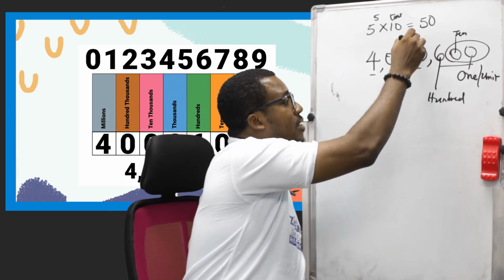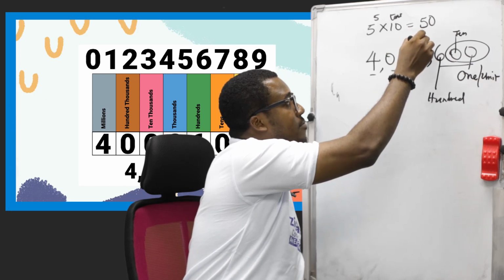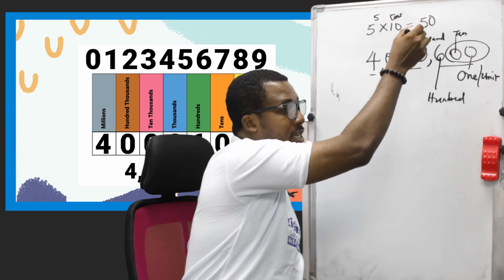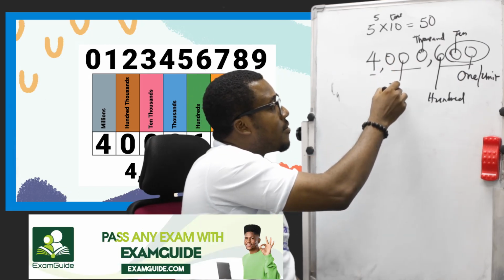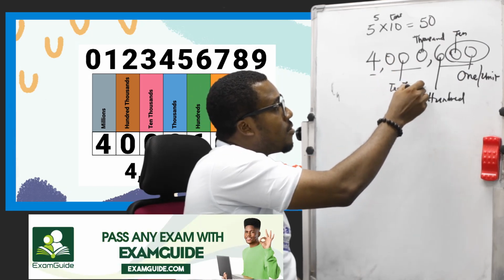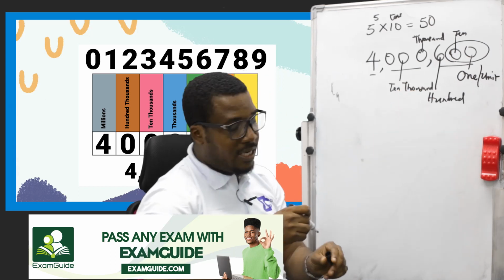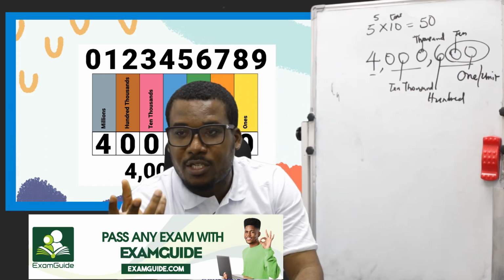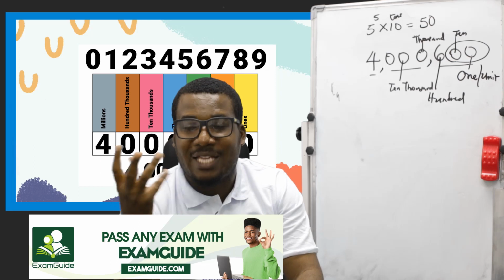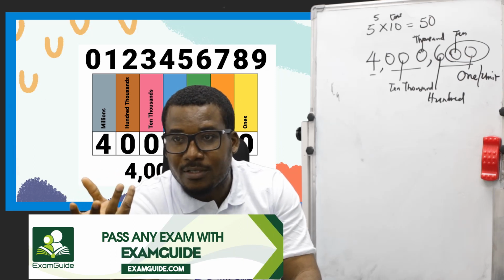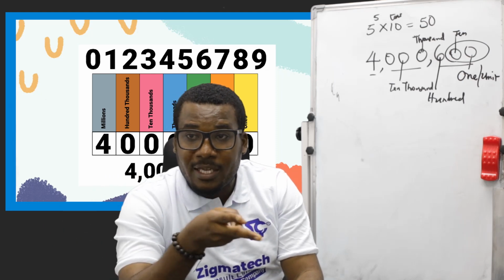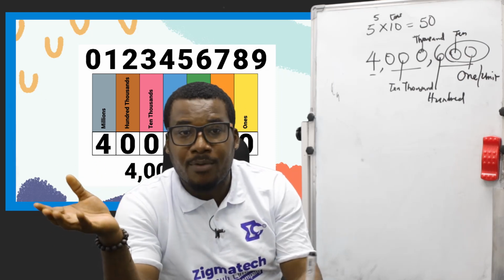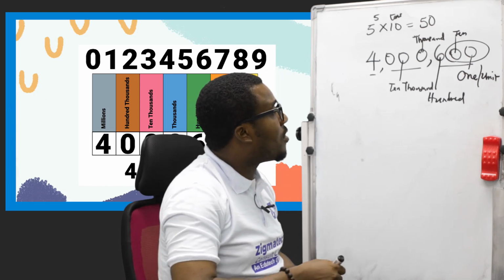So we have the 1,000 here, and you have the 10,000 here. It means it's a double digit of the tens mixed with the triple digits of the hundreds, giving you 10,000.